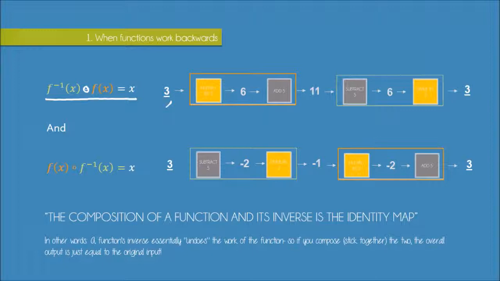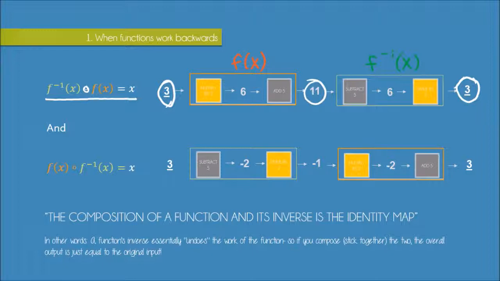So here I have f inverse arranged after f, as you can see in the diagram. I have f of x here, which I am inputting my 3, like in the last slide, and then the output of f of x, which is 11, is being sent into f inverse. And of course, I get back my initial input of 3.